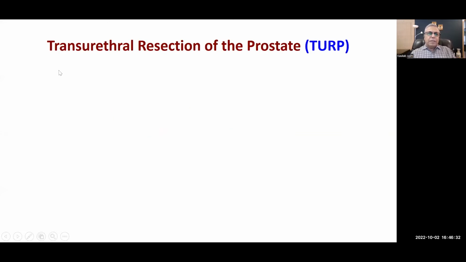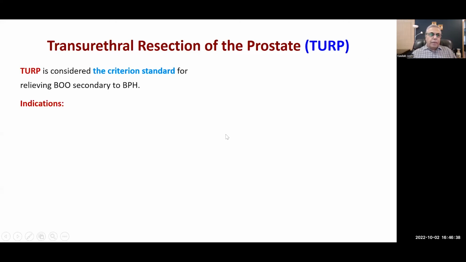So the first is transurethral resection of the prostate, which is considered to be the criterion standard for relieving bladder outlet obstruction secondary to BPH. All right, so it is still the gold standard.